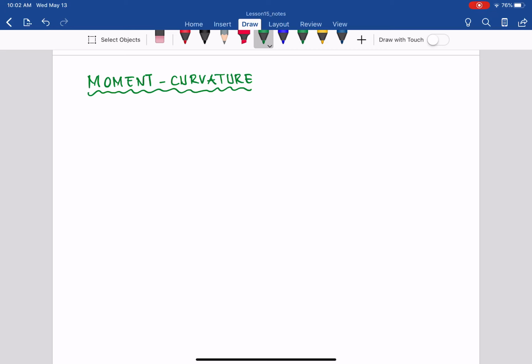So if we have a beam, a simply supported beam, one pin and one roller, and the other again.